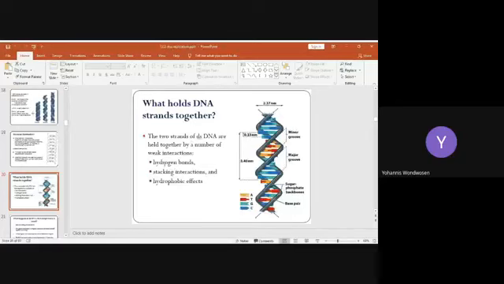So when the question comes in the way of what holds DNA strands together, the two strands of double strand DNA are held together by a number of weak interactions, as we mentioned. Hydrogen bonds, stacking interactions are there, hydrophobic effects are there.